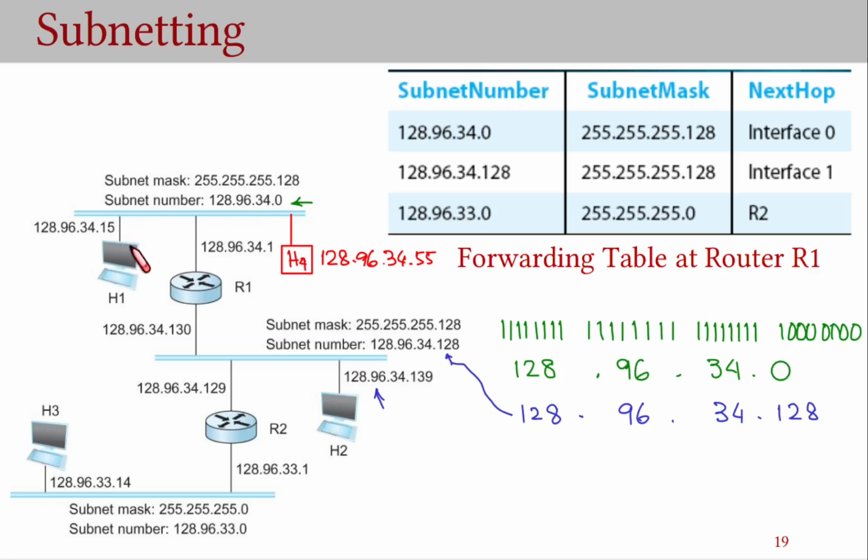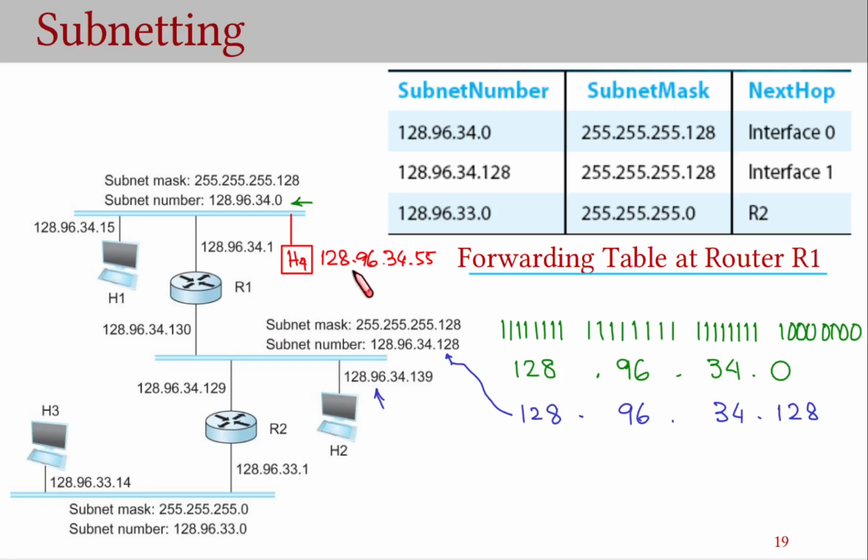To make all of this work, now we have to extend our forwarding algorithm to include this subnet number and the subnet mask. And this is how the forwarding table at R1 is going to look like. So it will have entries for subnet number and entries for subnet mask, and there would be a next hop. So let's see how it works. In the case of a datagram, let's say H3 is sending something to H4, right?